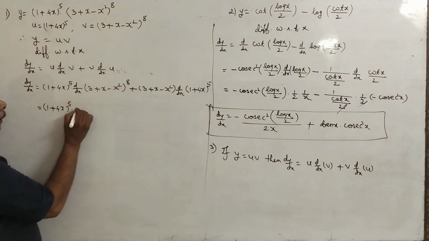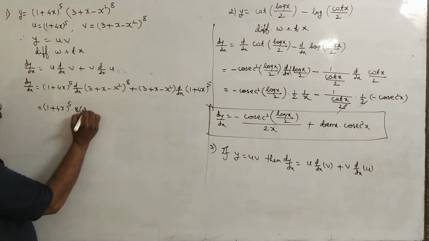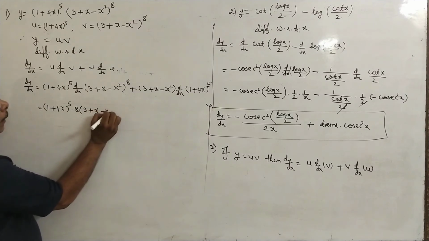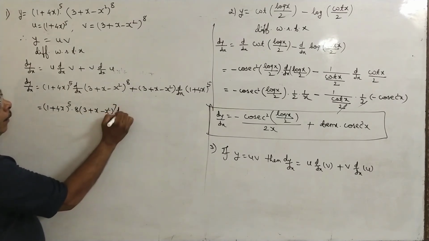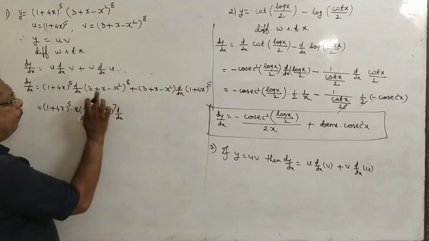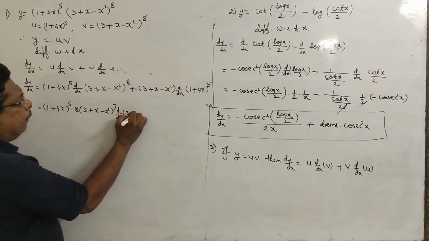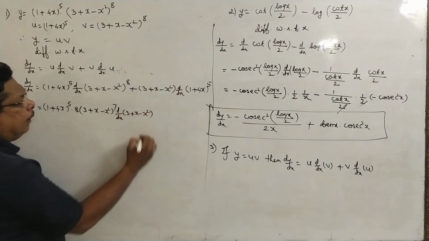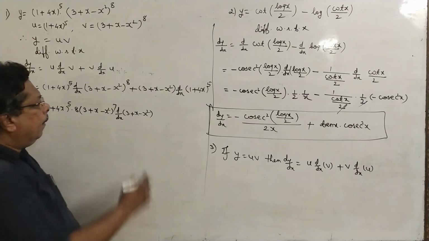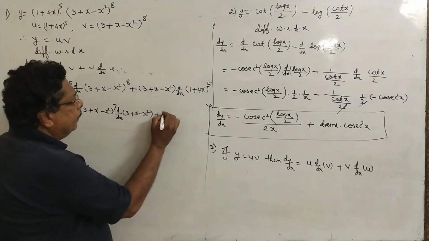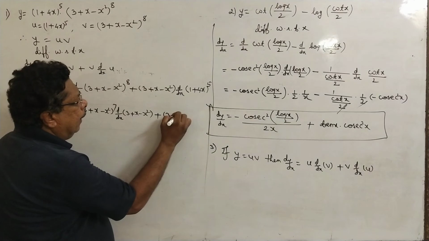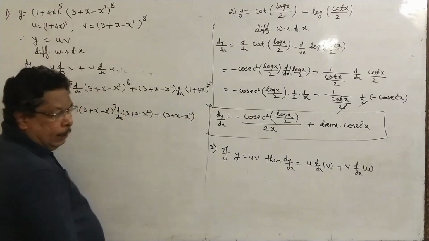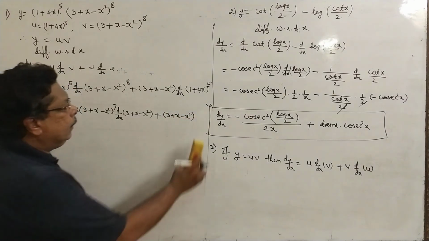So its derivative is 8 into 3 plus x minus x square raised to 7 into dy by dx of fx, which is 3 plus x minus x square, plus the next term 3 plus x minus x square into the derivative of this term.